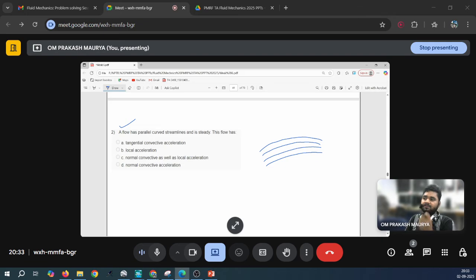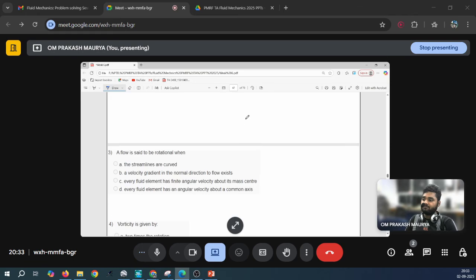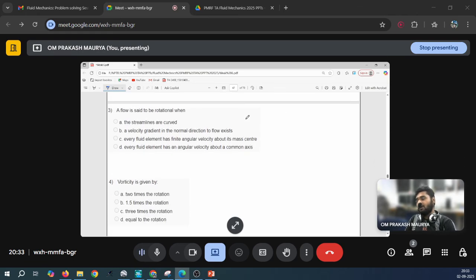The flow has curved streamlines like that and is steady. Because they are parallel, your tangential acceleration will be constant, so you do not have any tangential acceleration, only normal acceleration will be active. How? You can go through the previous lecture. So now let us move on.